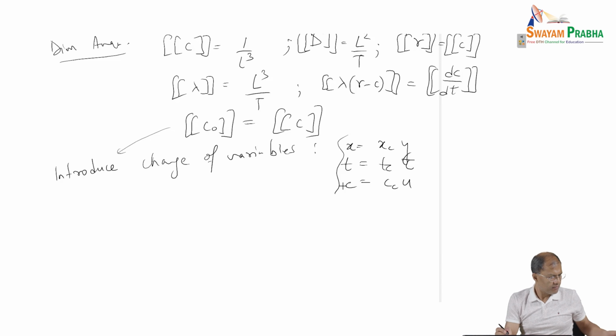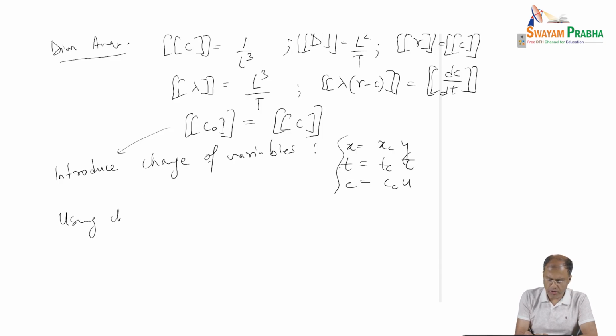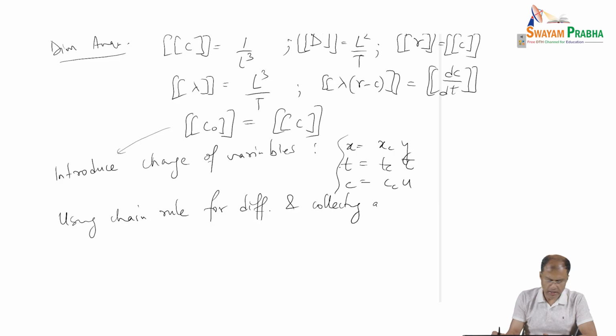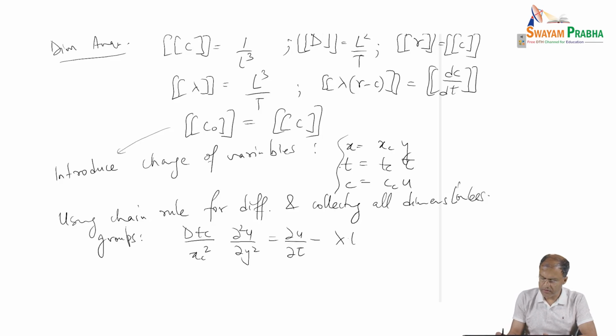And we see that if we use our chain rule, plug all these new variables, using chain rule for differentiation and collecting all dimensionless groups, we have that D t_c by x_c square partial u partial y square is equal to partial u partial tau minus lambda t_c c_c times gamma by c_c minus u times u, right?